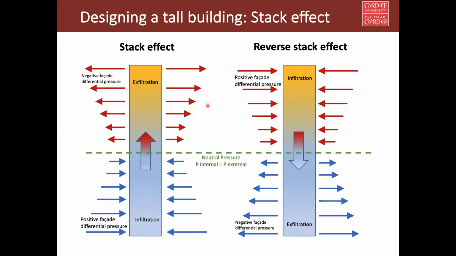Now, tall buildings behave in a different way. Because of their huge height, they behave like a chimney. The whole tall building is a chimney. So in the wintertime, what happens with the stack effect? There is cooler air outside, and we have HVAC-maintained warmer air, like 20 degrees Celsius, inside. So this cooler air goes inside, takes the heat from the HVAC, becomes warmer and goes out here, okay?